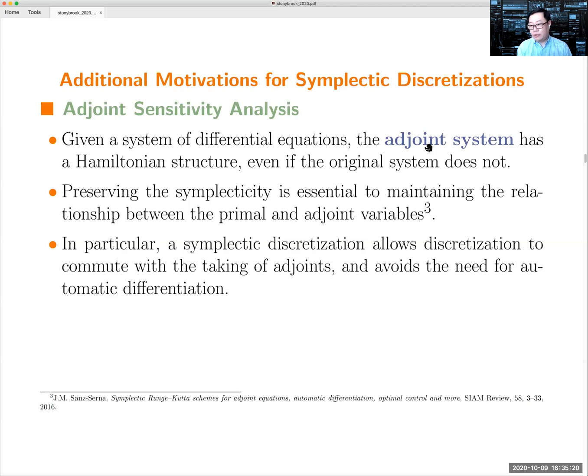And if you do that, oftentimes the candidate descent direction which you get from solving the discrete adjoint equations is actually not a descent direction of the discretization. And so your optimization algorithm just fails. Whereas if you use the symplectic discretization for the combined system, then everything works out the way it should. And it would give you basically the same answer you would have gotten if you had done it the hard way, where you applied automatic differentiation to the discretization.